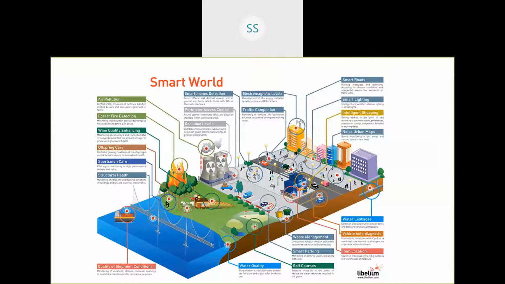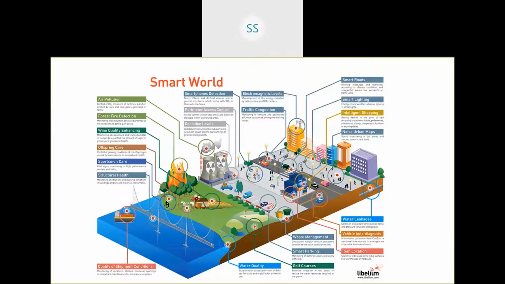But by 2030, each user may be connected with at least 7 devices. Those 7 devices are collecting all the data, synchronizing all those data with each other, analyzing them, and the analyzed data will be shared with you.